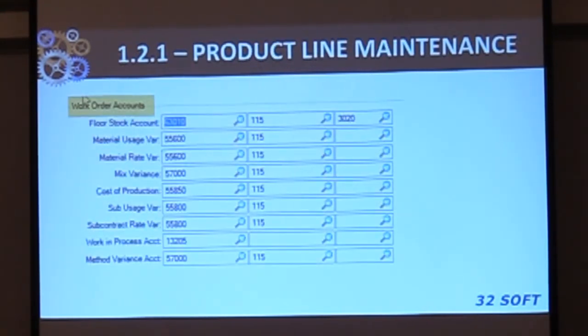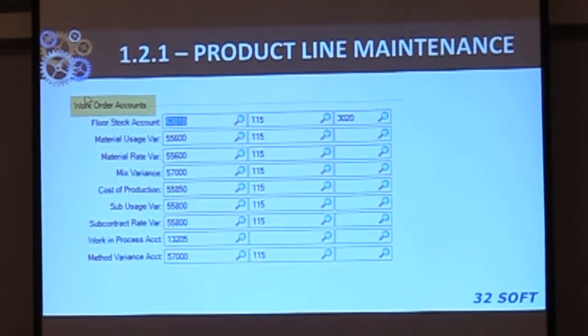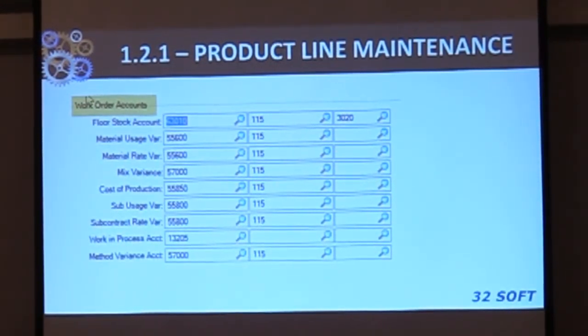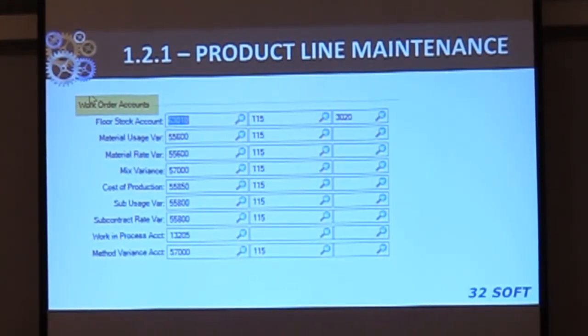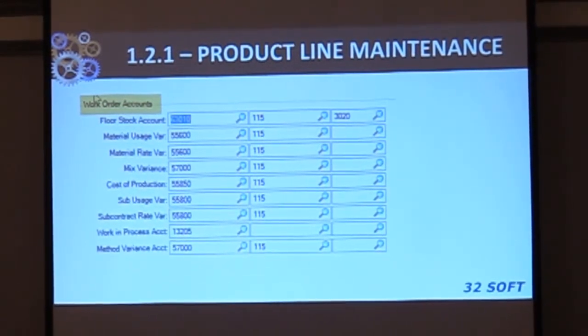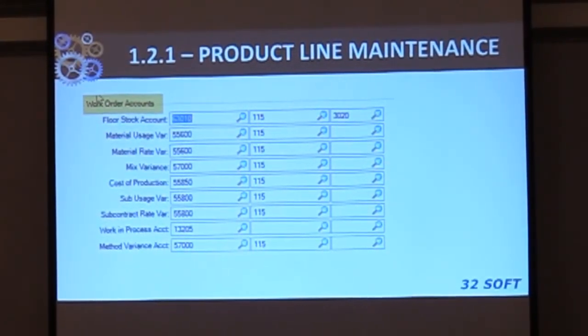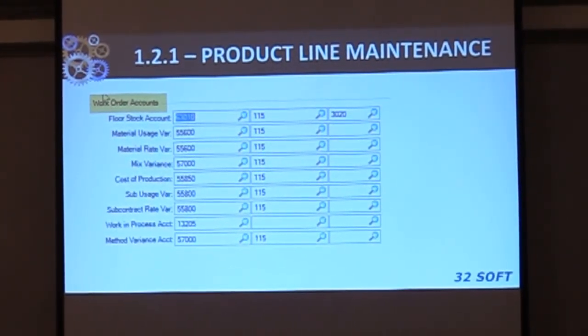So one of the first things you need to do when you set up anything in QAD. Before you even create your part numbers in QAD, what do you have to have? A product line, right? You got to have a product line. So, if any of you have been into 2.1.1, this is where you define the various accounts that are going to be associated with either sales orders or purchase orders or supply or service and support activities.